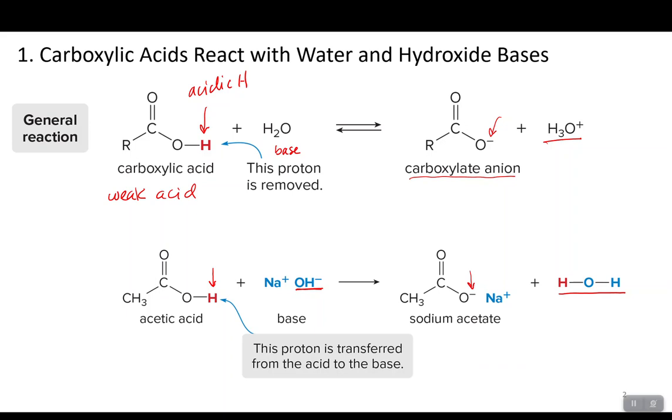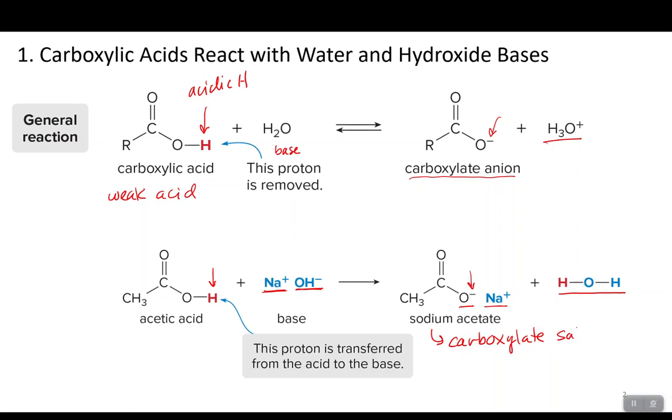on that oxygen. And then lastly, there is sodium metal in this particular reaction, and so because it's going to form a cation in water, this cation is going to interact with the negative of my carboxylate anion, and this interaction is what we call a carboxylate salt.